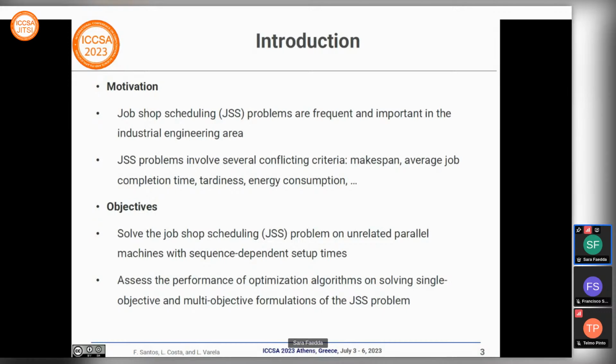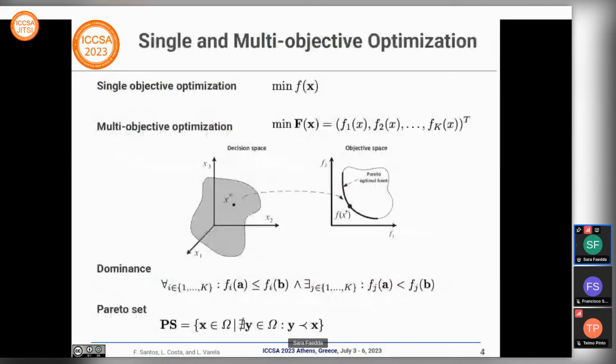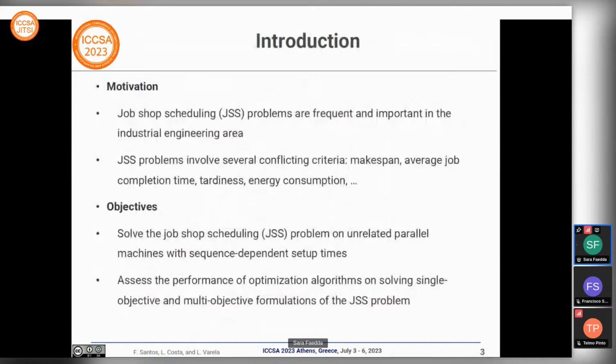In general, these problems are solved as single objective problems, often considering, for instance, the makespan. And it is important to explore approaches that take into consideration all, or some of these objectives at least.